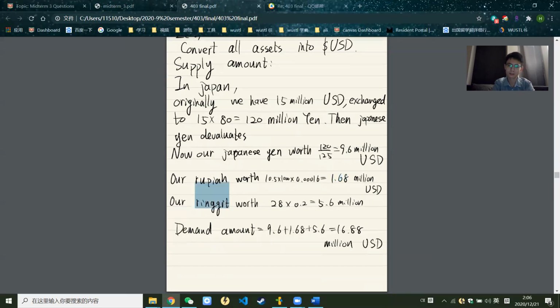And then for the ringgit, similarly we apply the exchange rate, and it was 5.6 million US dollars. And the demand amount is the sum of these supply amounts.